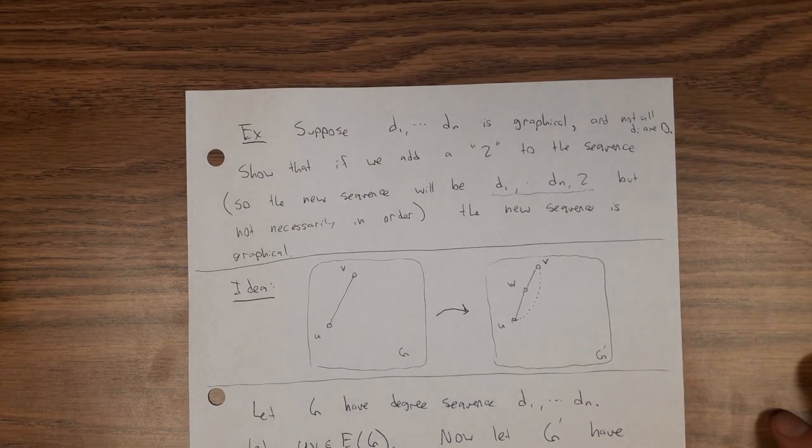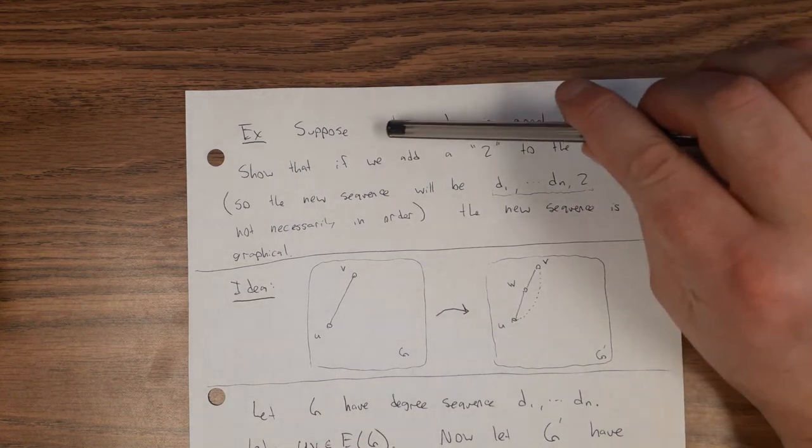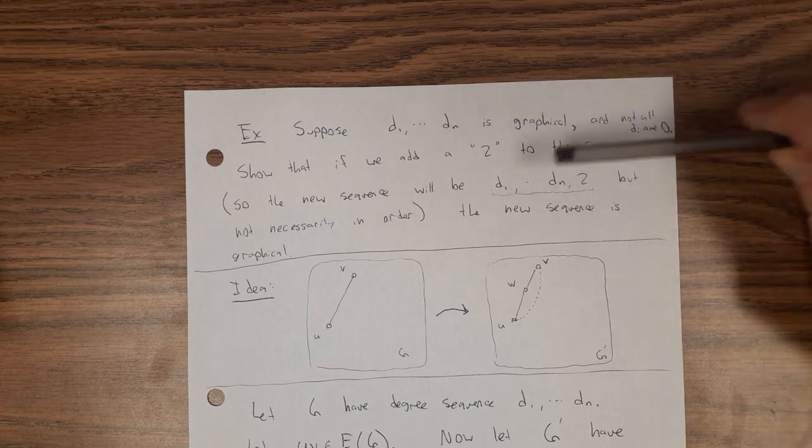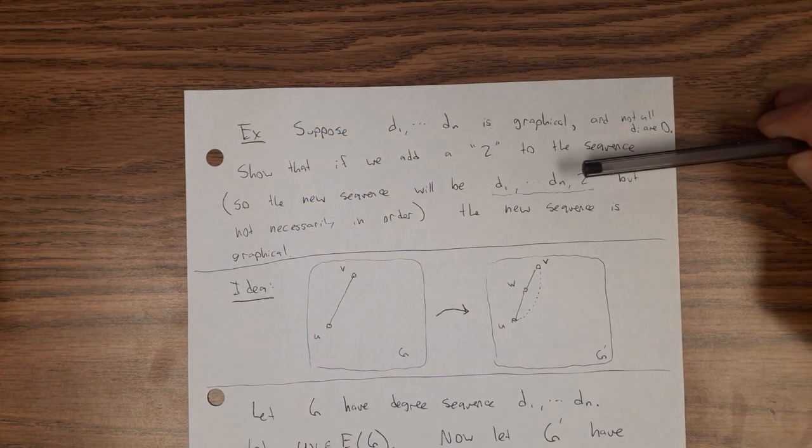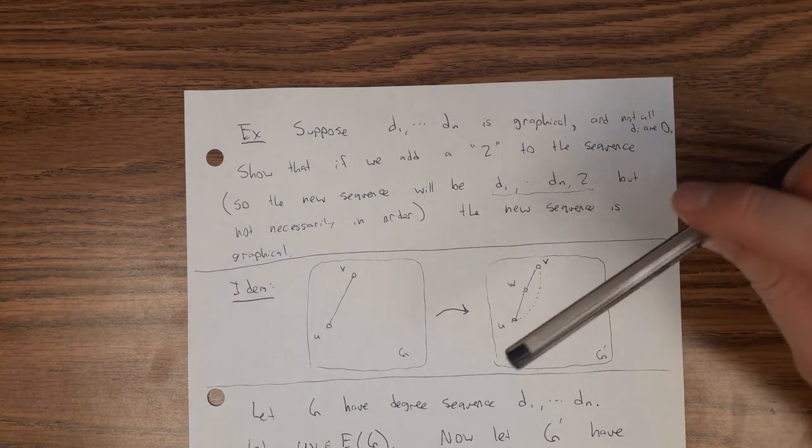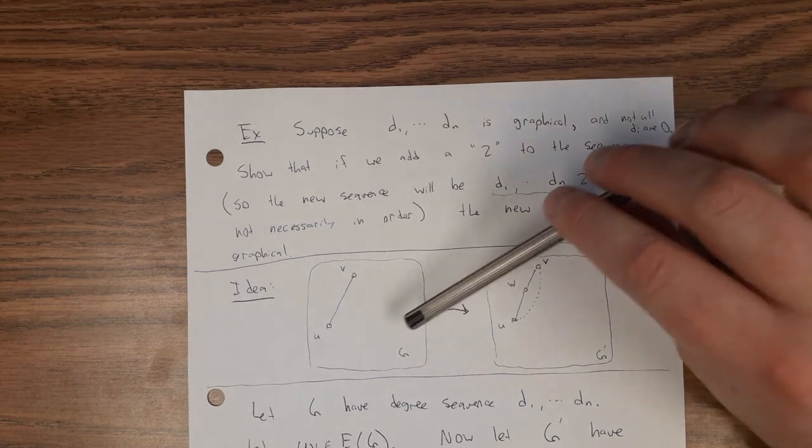So this is kind of similar to the one on the homework where we were given that a sequence is graphical and we wanted to show that another sequence is graphical, and the trick was to take the complement. This time we didn't do the complement.